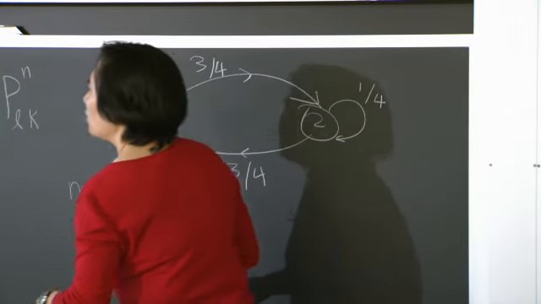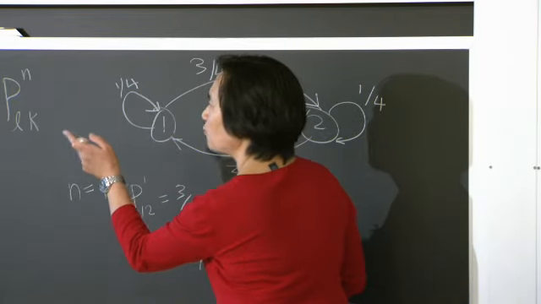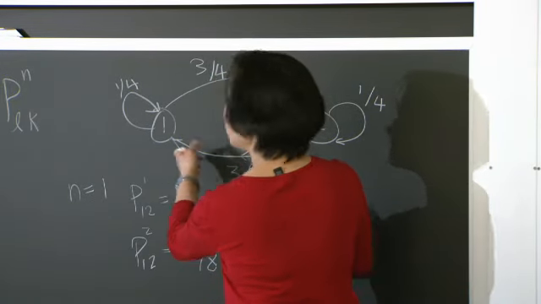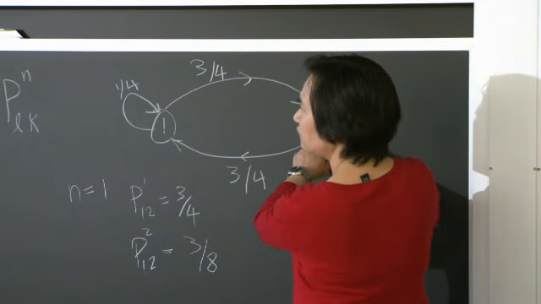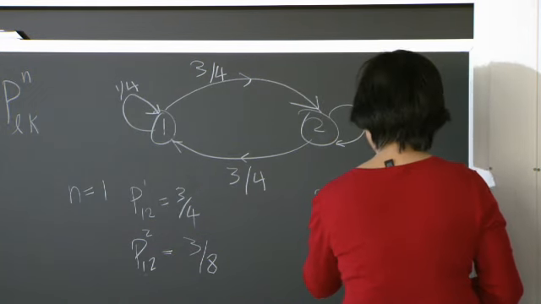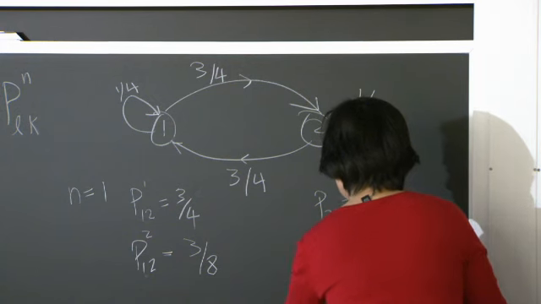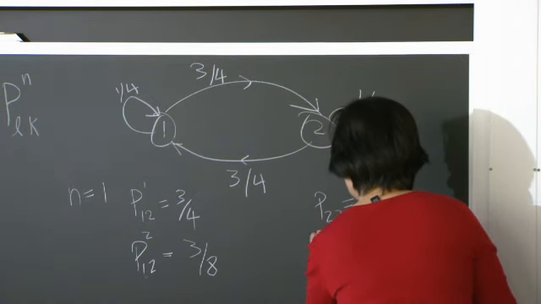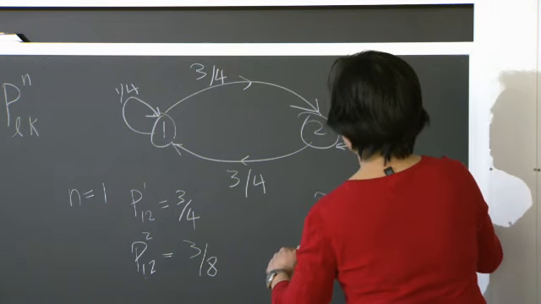And then p1,2 to 3, if there's 3 transitions from 1 to 2, then it's equal to 9/16. So for 2, if I want the transition from 2 to 2 in n steps, p2 is equal to 1/4. So it just stays by itself. So p2 in 2 steps, you don't have a choice.